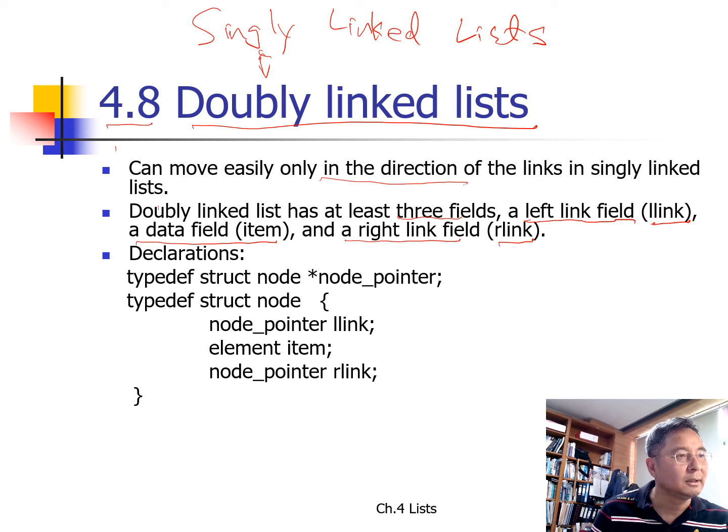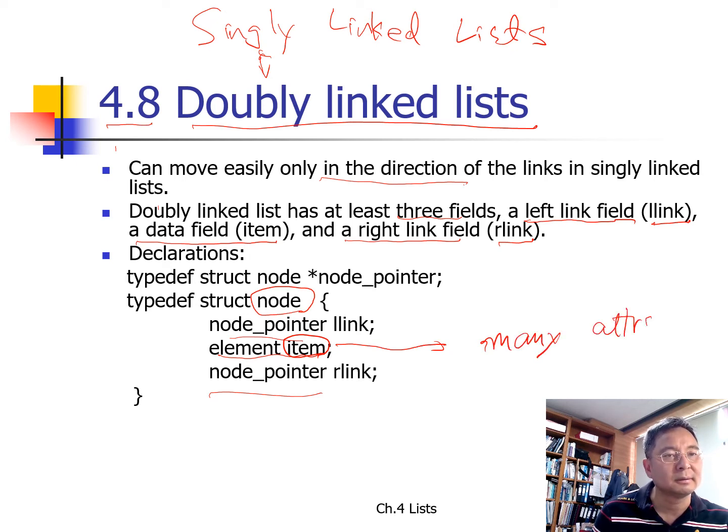Okay, so the node of a doubly linked list has at least three fields. Of course, this element item may have many attributes, just like student data.